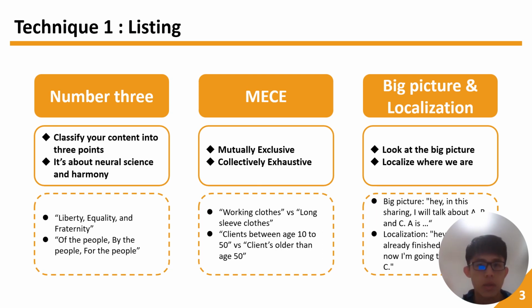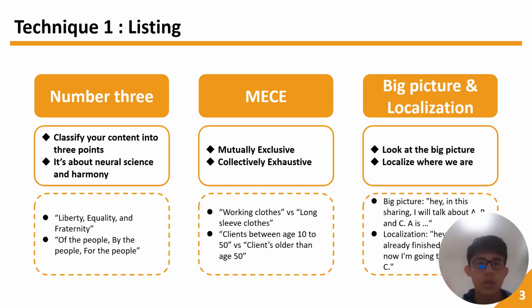By using this technique, it's like providing a map before getting into a maze, so they can know what the big picture of this conversation is like, and that helps them fully understand what you're trying to say.